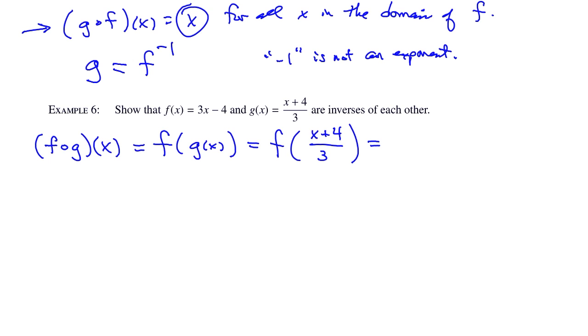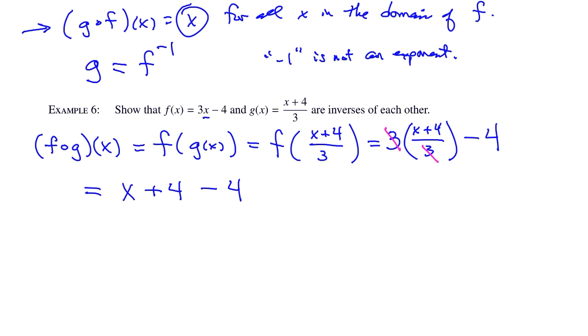The f function is 3x minus 4, so it's going to be 3 times x plus 4 over 3 minus 4. In the first step, we see that the 3's cancel. That leaves me with x plus 4 minus 4. And then you see that the 4's cancel. And that leaves me with exactly x. So the first half is complete.